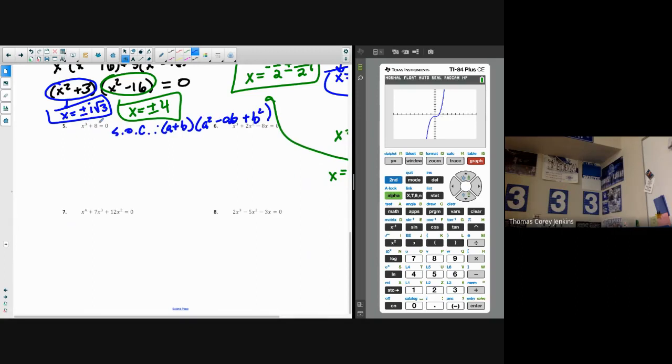So a is x, and then the cube root of 8 tells us that b is equal to 2. Then we just sub in.